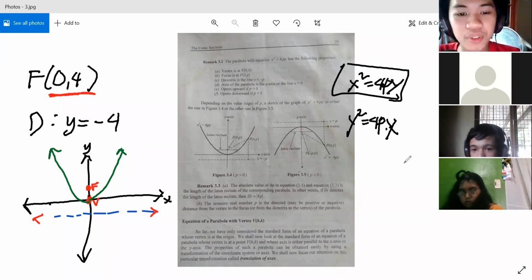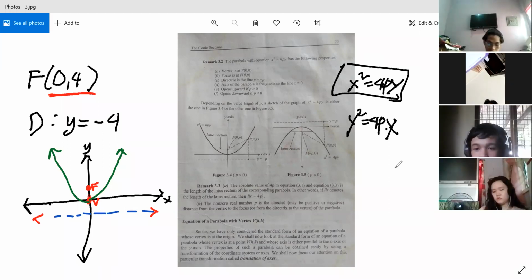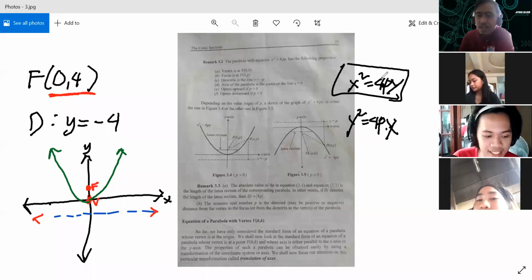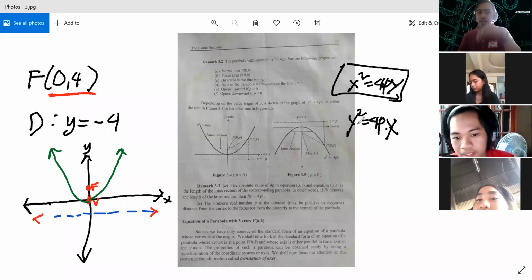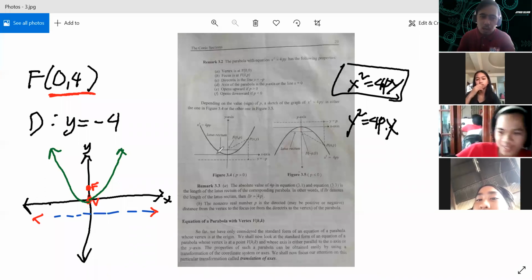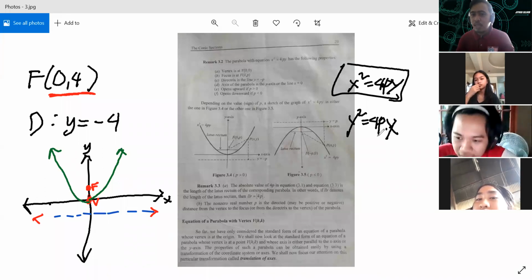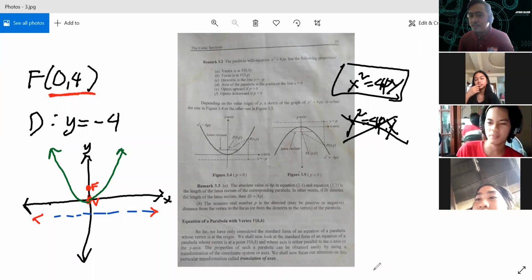Since the focus is 0, 4, sir, it is x squared. And aside from that, this equation is either up or down. Since it is opening up, we will use this one, not the other.